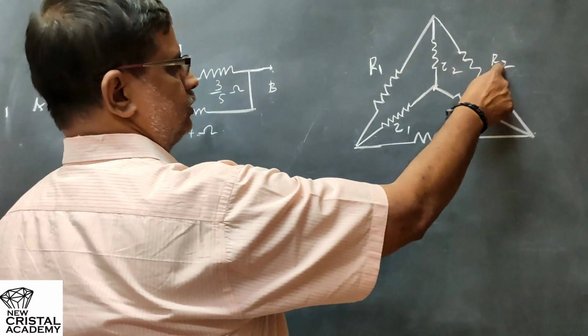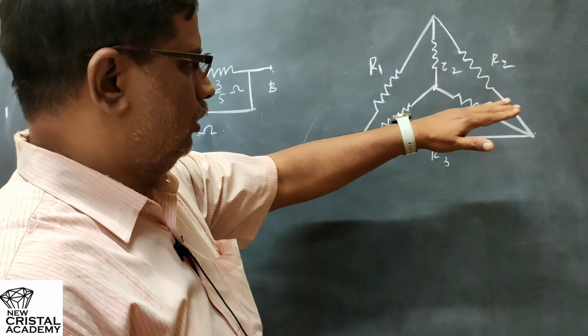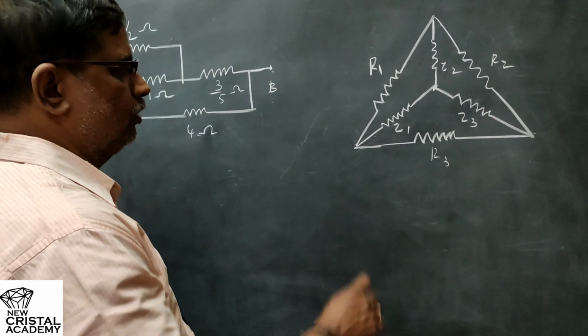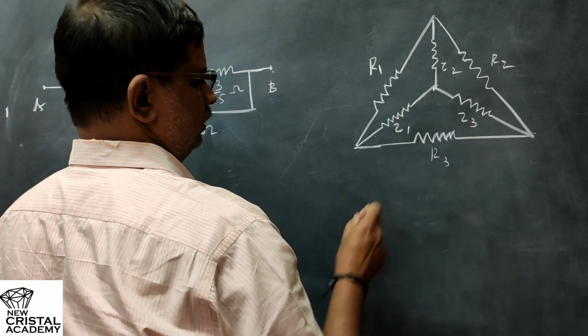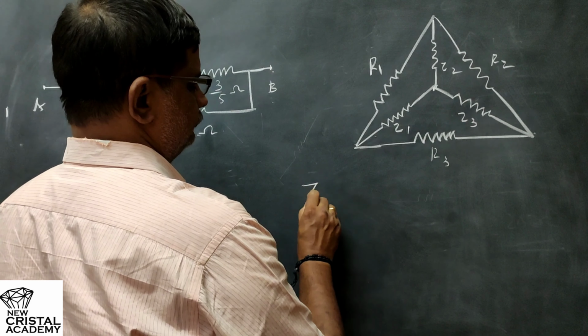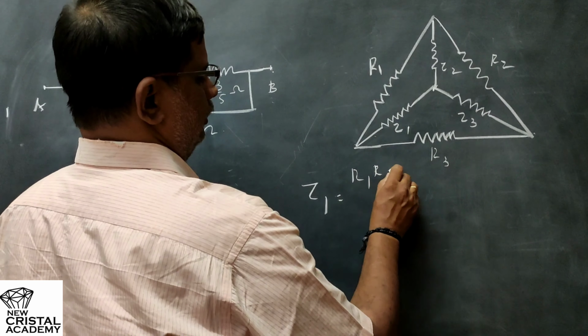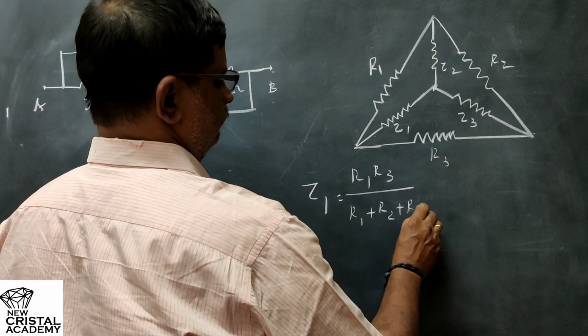So here 3 resistances R1, R2, R3 are connected as a triangle or on the 3 sides of a triangle. Now we are going to replace these 3 resistances with Z1, Z2, Z3, and here Z1 is R1 R3 divided by R1 plus R2 plus R3.